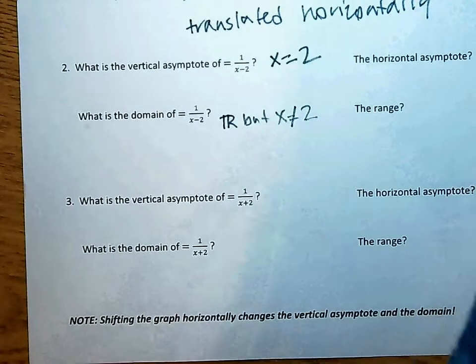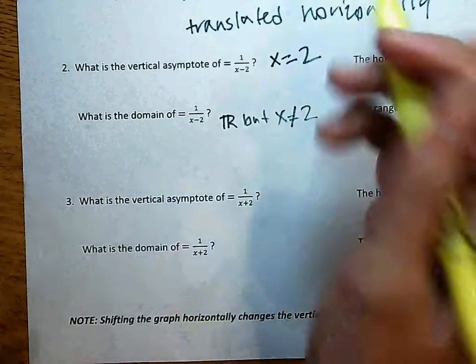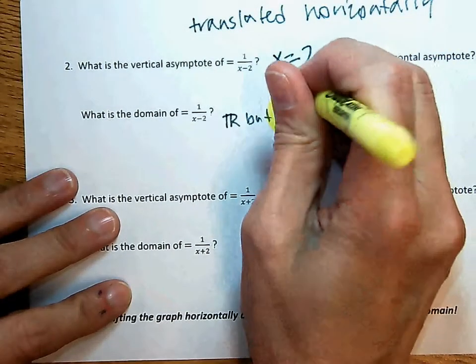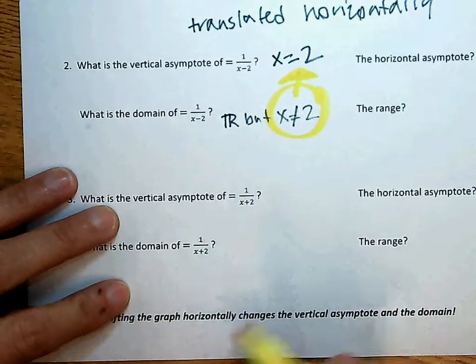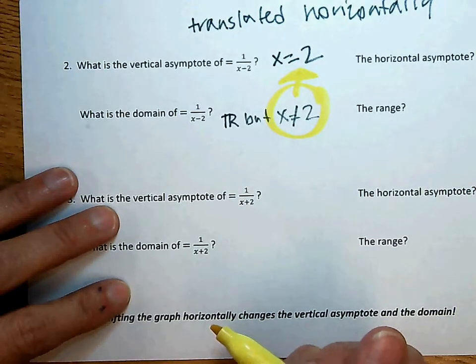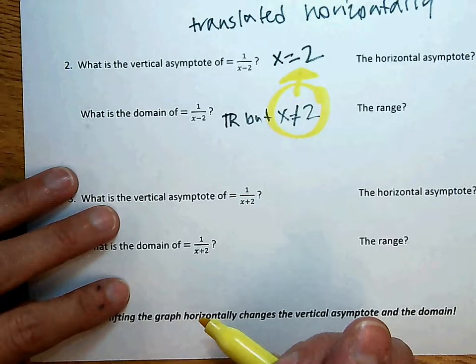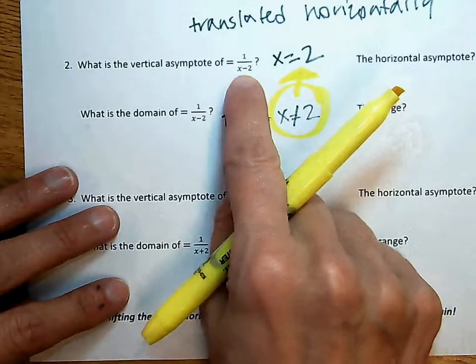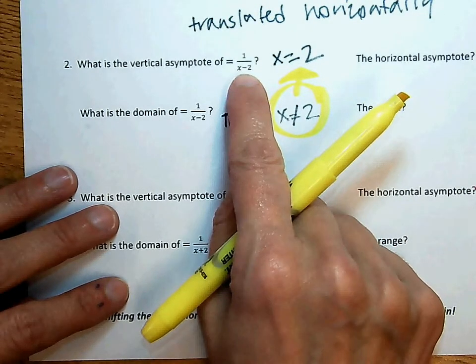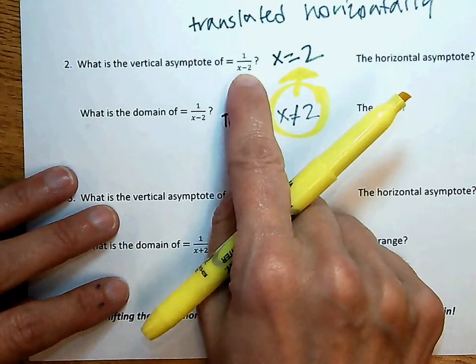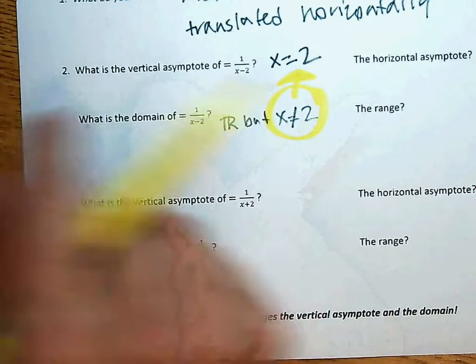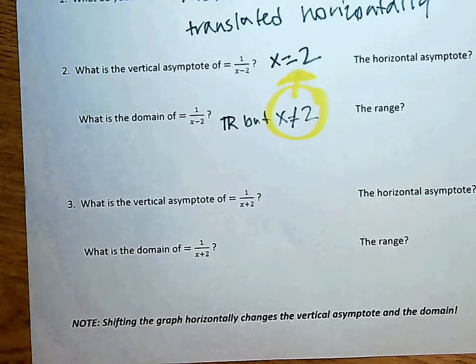Look. It can't equal where the vertical asymptote is. What happens if we plug 2 in here? Good. You would end up with 1 over 0. We talked about that on Friday.